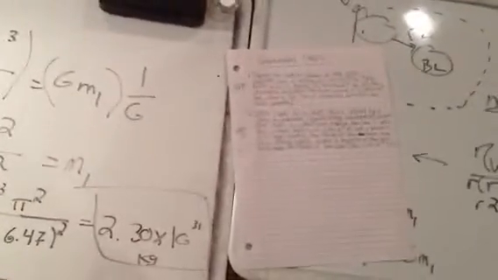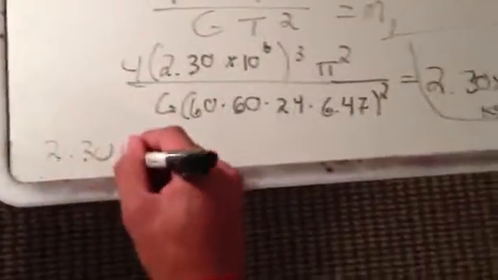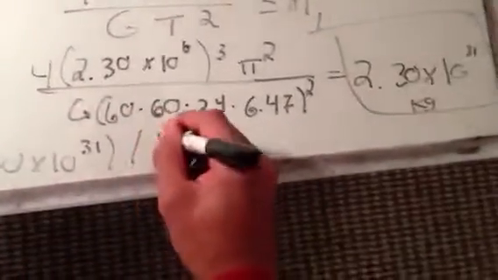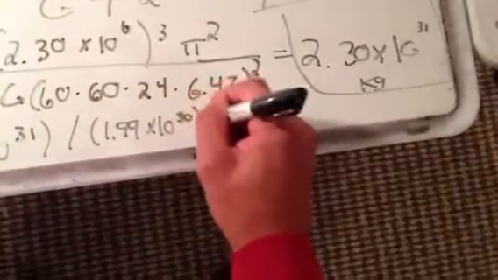If the number is greater than, say, 1, then you know that your answer makes sense to a certain extent. So let's do exactly that. We're going to take 2.30 times 10 to the 31st, and we're going to divide this by 1.99 times 10 to the 30th, and let's see what we get.